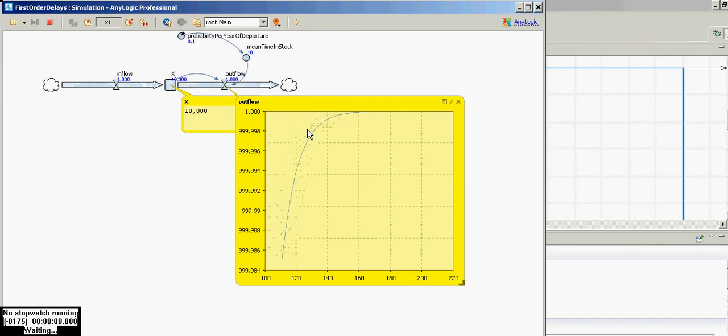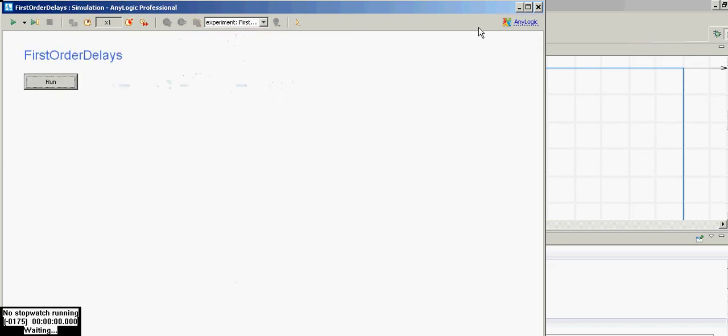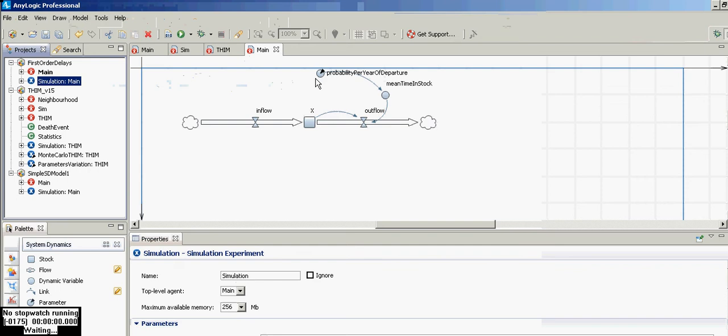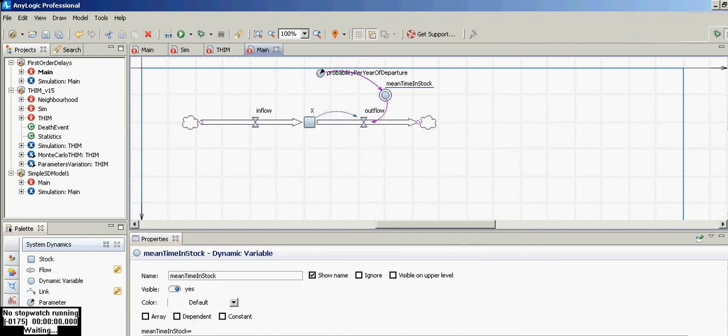And for the dynamic variable from here, I gave it a formula of 1 divided by the probability per year of departure. This mean time in stock, what did I call this up here? I called it tau. That mean time in stock is just tau. So it's 1 divided by the probability per year of departure. It's 1 over alpha. Is that helpful?